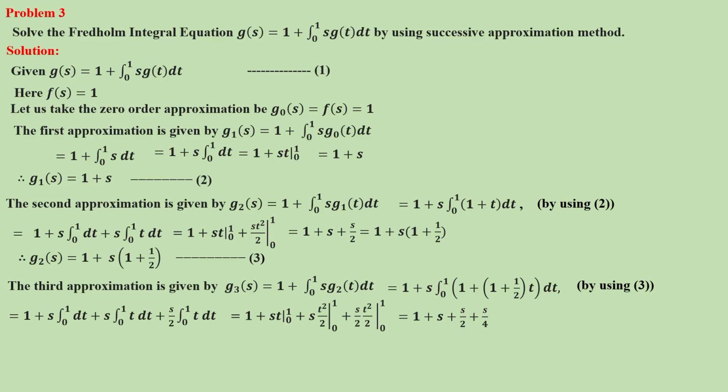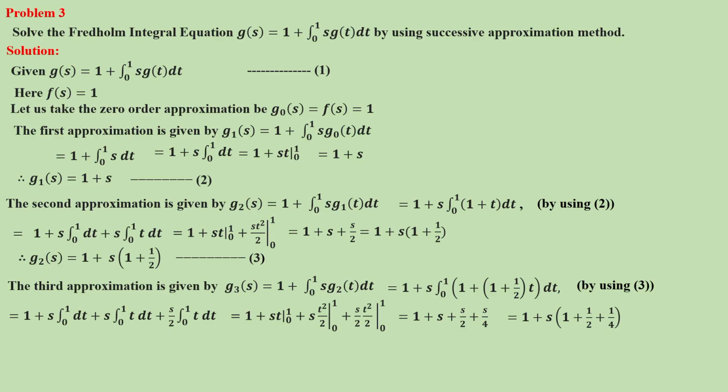So taking s common from the second, third and fourth terms, 1 plus s into 1 plus 1 by 2 plus 1 by 4. See, g2 is 1 plus s into 1 plus 1 by 2. So g3 is 1 plus s into 1 plus 1 by 2 plus 1 by 4, right? So you can easily come to a conclusion about what the next approximation is.